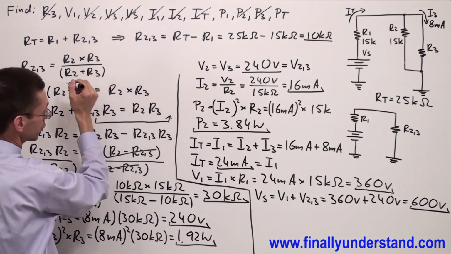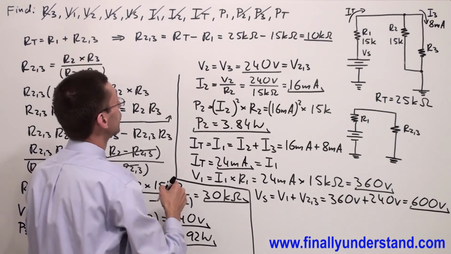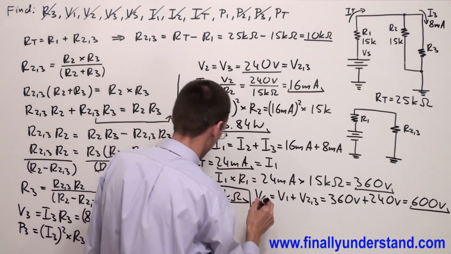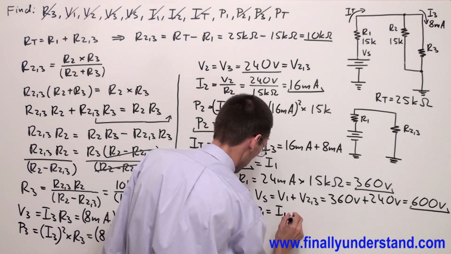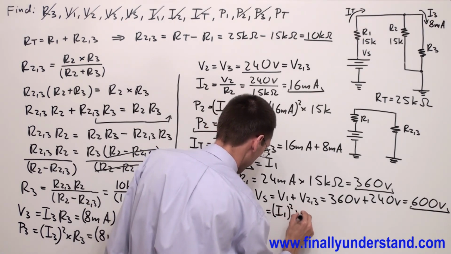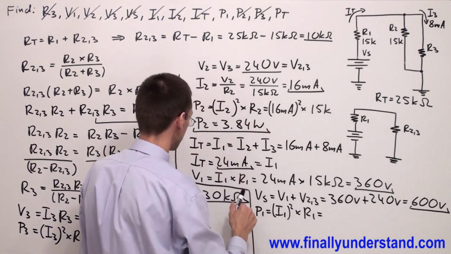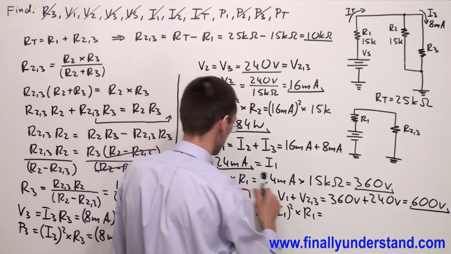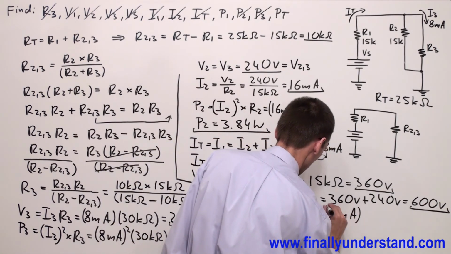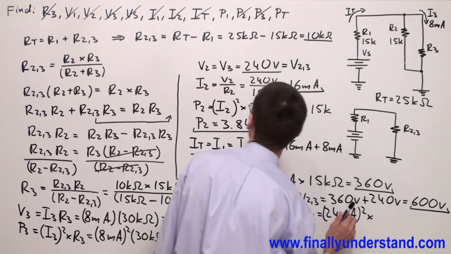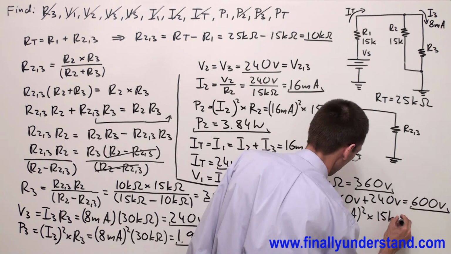Okay, we found also V1, and now we can find P1. P1 is equal to I1 raised to the second power times R1, where I1 is equal to 24 milliamps raised to the second power times R1, which is equal to 15 kilohms.